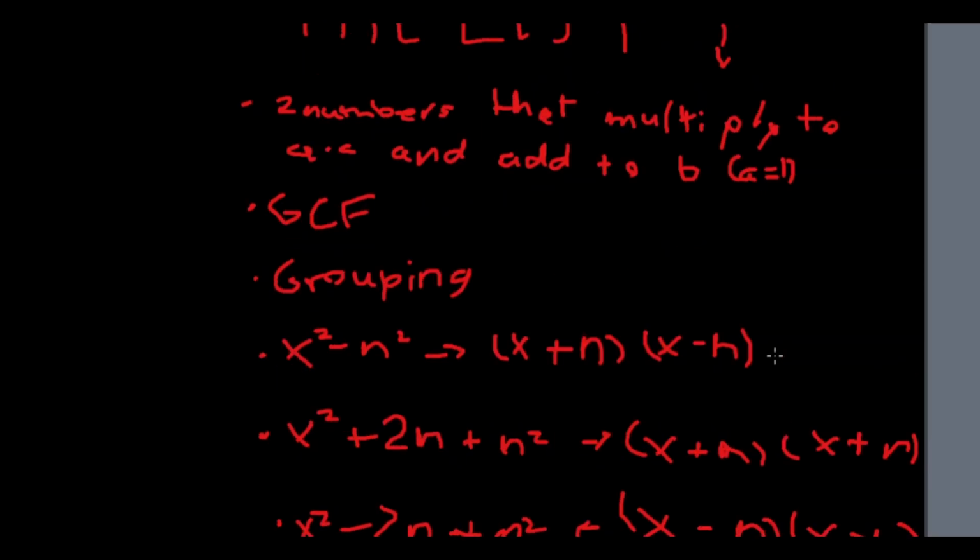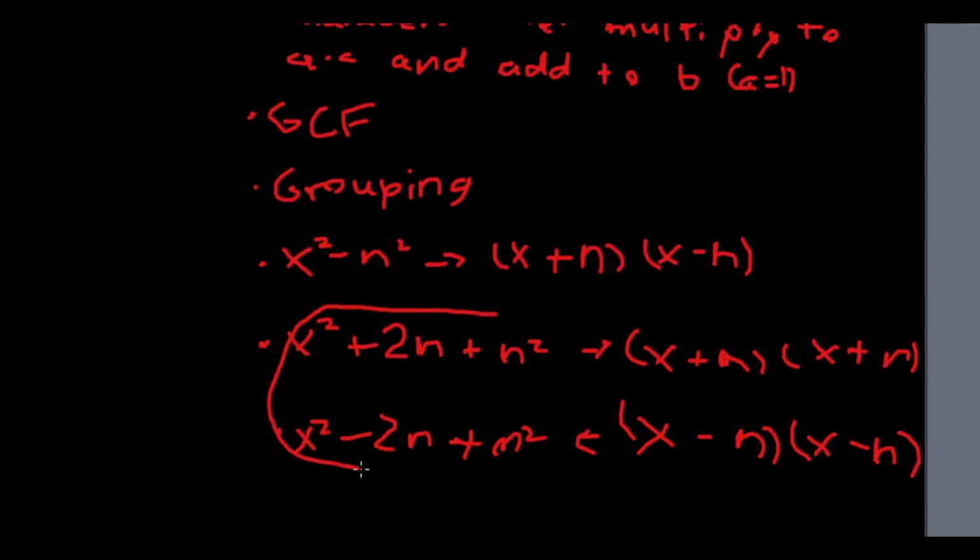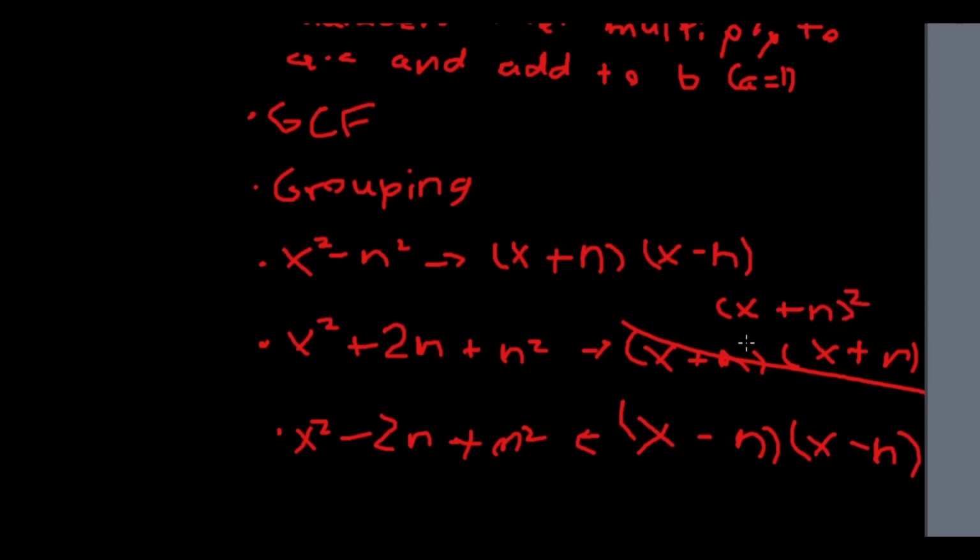Okay, another thing I want to point out. You've likely seen something similar to this before if you have been taught factoring. But the way it's usually visualized, instead of saying x plus n times x plus n, it'll just be x plus n squared. Which is fine, but by writing it like that, it's kind of hard to visualize why this is the way it is.